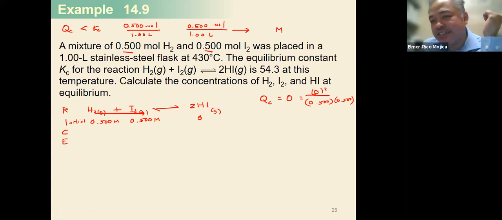Is the reactant increasing or decreasing? It decreased. So it decreased by a certain amount, represented by X, and we put here minus X. Everyone got the sense why it is minus X?